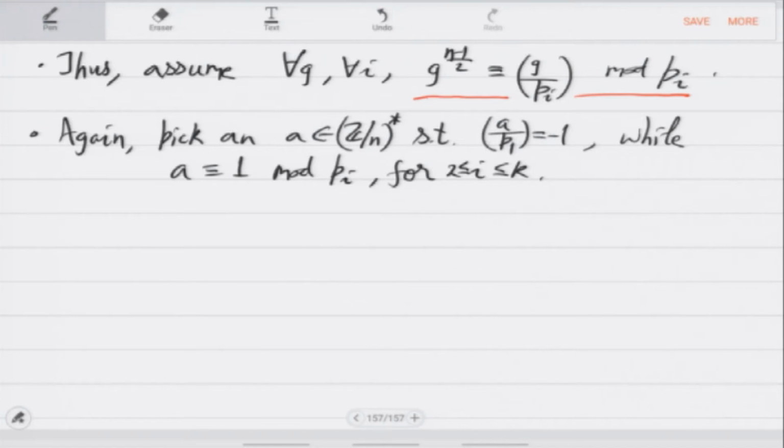So A is a non-residue mod P1, but for the other Pi it is just 1. So by CRT, again by CRT, pick this A.